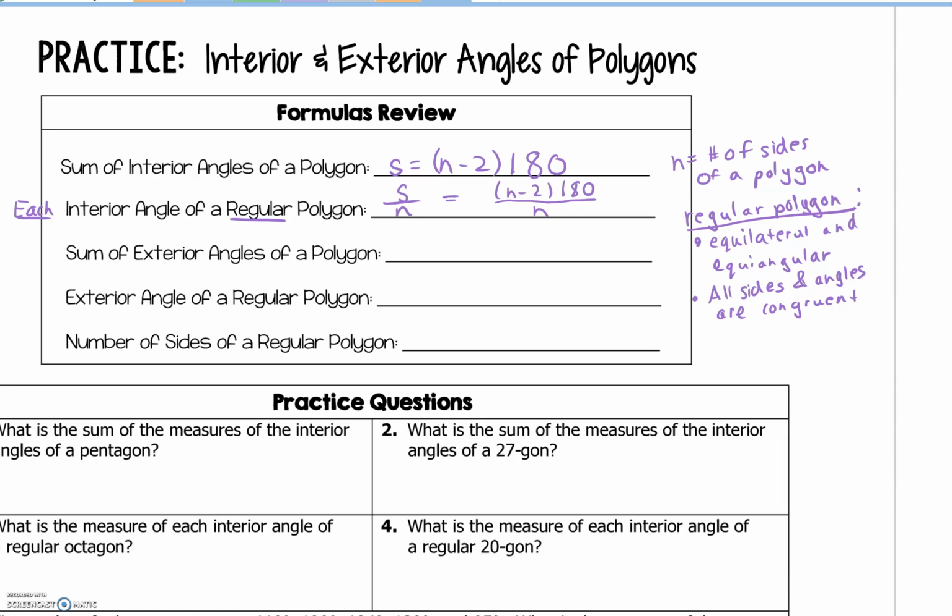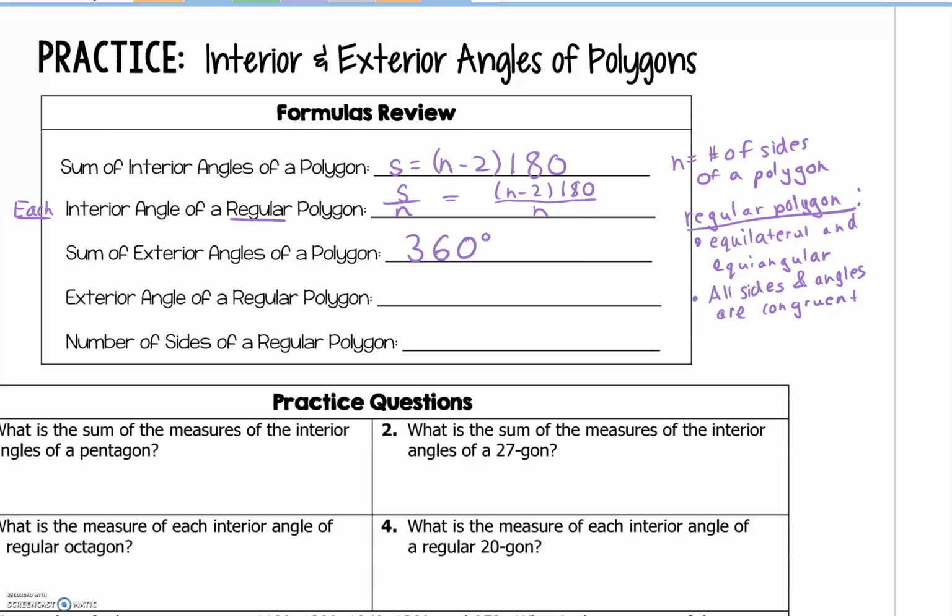The sum of the exterior angles of any polygon is always 360 degrees. It doesn't matter if it's a four-sided figure, an octagon, a 22-gon or a 575-gon. The sum of the exterior angles is always the same, 360 degrees.